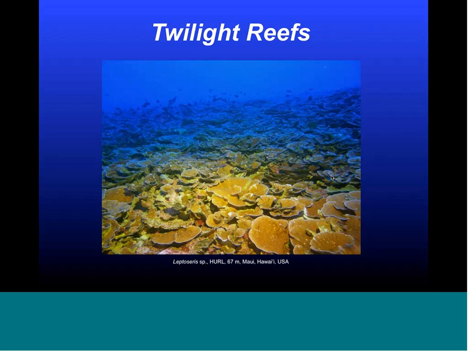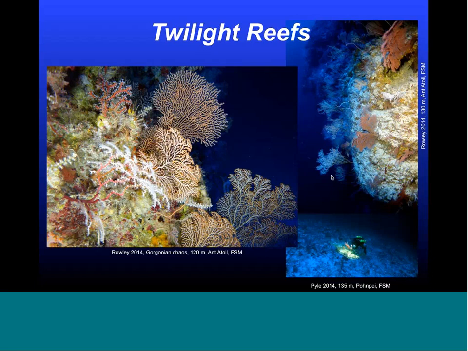But what we're actually finding throughout the Indo-Pacific, but also the tropical Pacific, the circumtropic, and the Atlantic as well, are these reefs. These are generally dominated by Gorgonian sea fans, also black corals and other octocorals and some sponges. And this is what my research focuses on, and I'll be touching on it today.